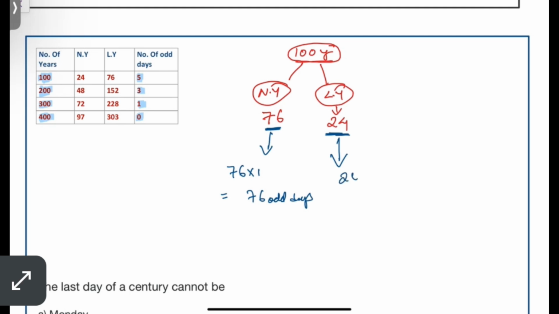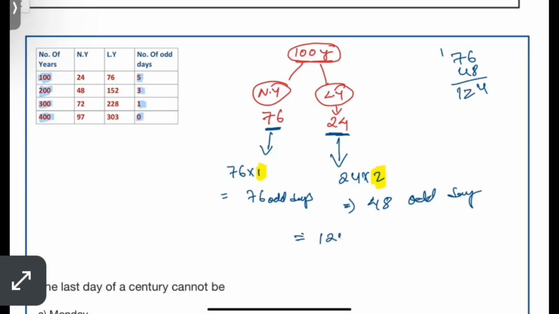That means 24 into 2, which is 48 odd days. So the total number of odd days in 100 years is 76 plus 48, which is 124. There are 124 odd days.